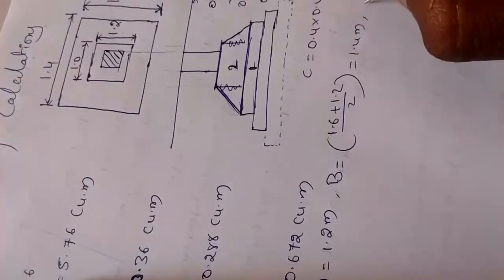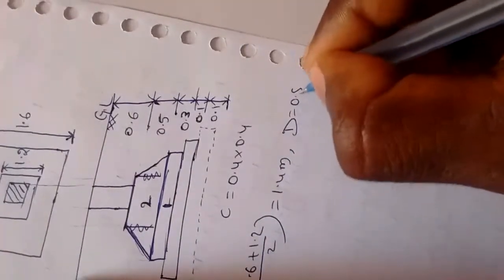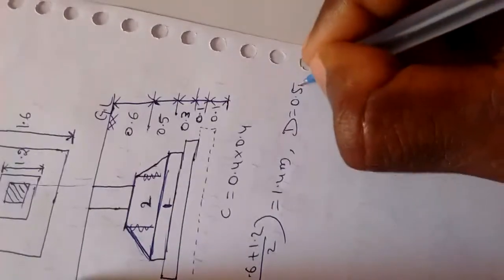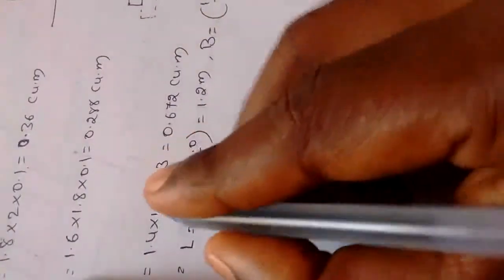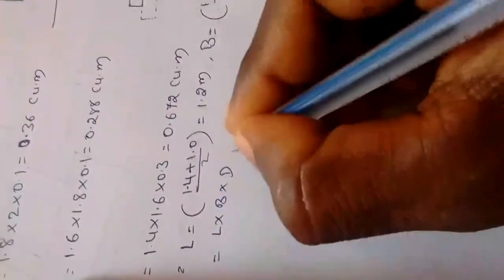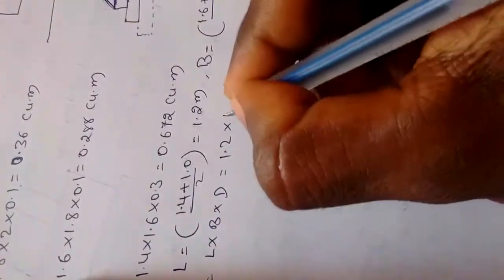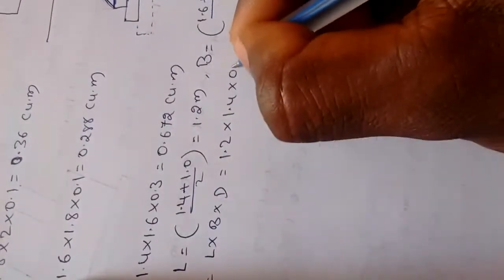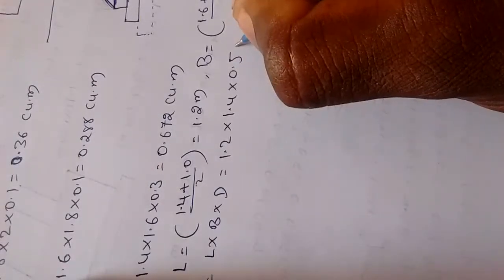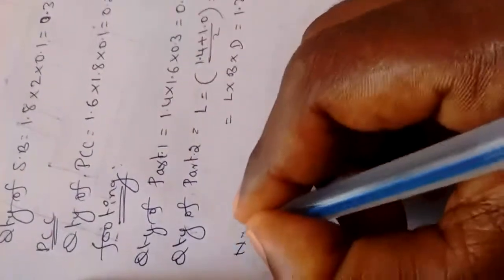This is the width. You know depth already, depth equals 0.5 meters. Substitute L into B into D: quantity of part 2 footing is 1.2 into 1.4 into 0.5. Total you get 0.84 cubic meters.